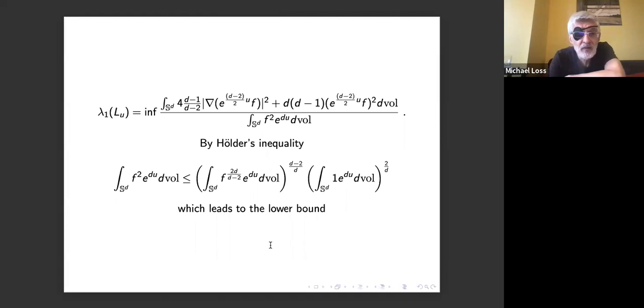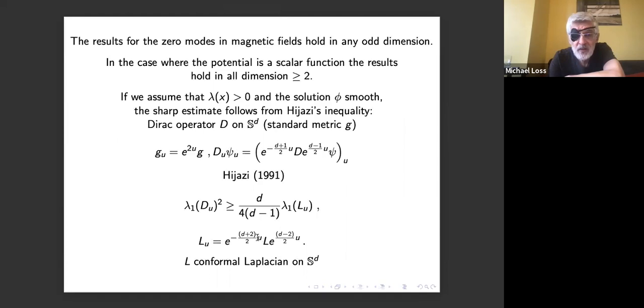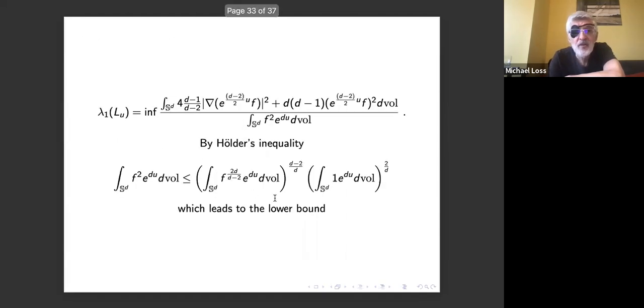So now with that, you can do a few things. Let me write out lambda 1 of L_u. What is it? It's the infimum over all functions. Now you have all these prefactors, but taking this into account with this conformal Laplacian, you can write this whole thing in this fashion. And then what Hijazi does is he estimates the bottom by Hölder's inequality to get to this power.